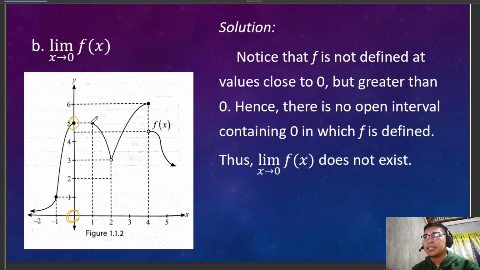Notice that f is not defined at values close to 0. It has values here, but not here. There's a gap. There's no open interval containing 0 in which f is defined. That's why from the graph alone, we can say that the limit does not exist.